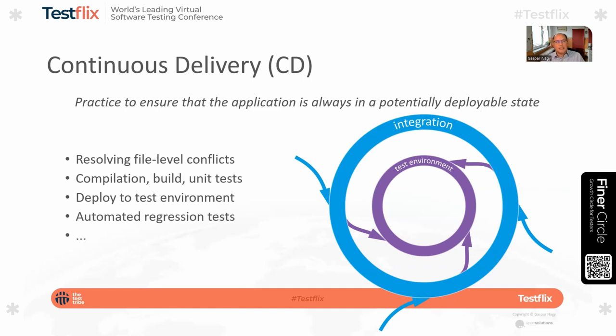And in my slides, I have a dot-dot-dot there, which means that probably there are a lot of other things, more project or product specific, in your environment, in your company, that have to be done to get a good continuous delivery practice or pipeline.